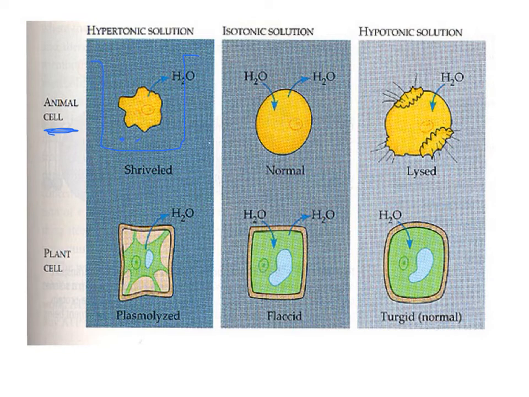In other words, there are tons of particles outside this cell and very little inside. There's lots of solute, so the water will be flushed out and the cell will shrivel up. If it shrivels up enough, it will cease functioning. So a hypertonic solution will give you shriveled up cells.